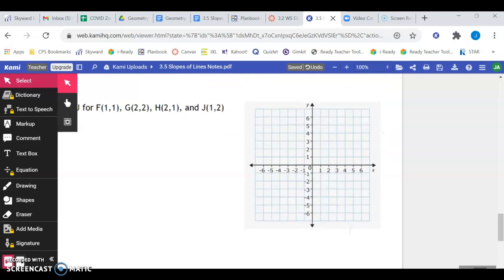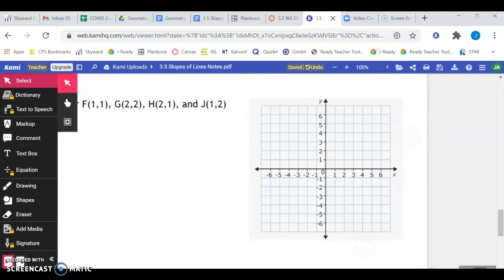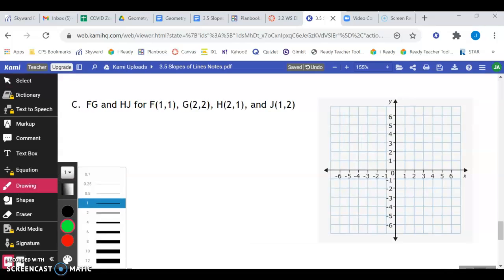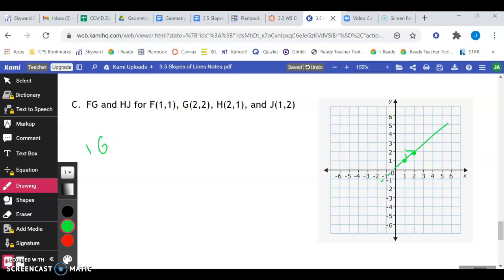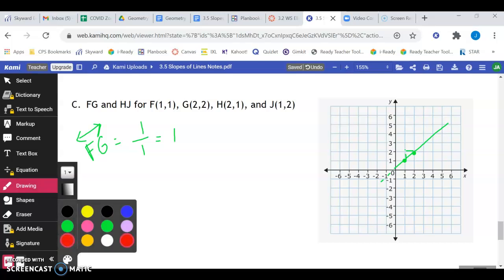And then for our last one here, we have FG and HJ. So F is over 1, up 1, and G is over 2, up 2. So that is up 1, over 1, which is 1. So that has a slope of 1.